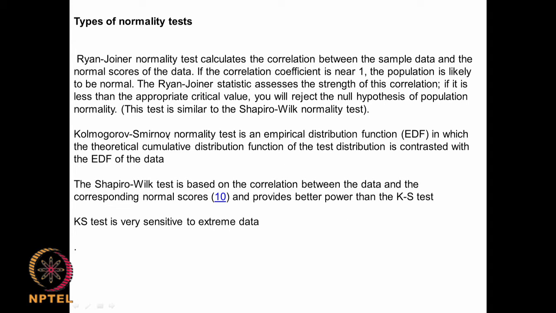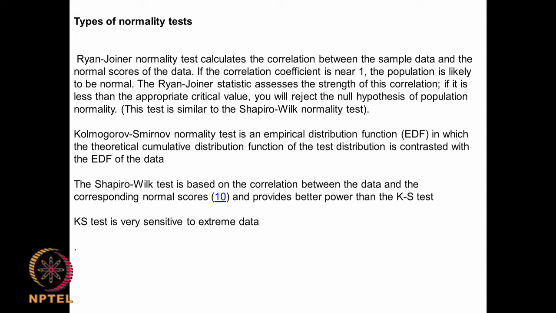Another method, Kolmogorov-Smirnov, calculates something called an empirical distribution function for the data, and compares it with some theoretical EDF, and then tries to sum up whether the data is from a normal population or not.